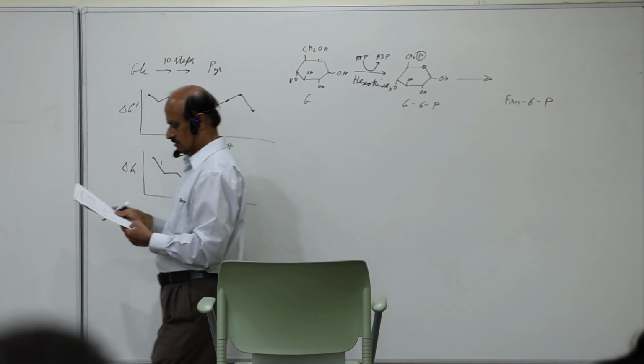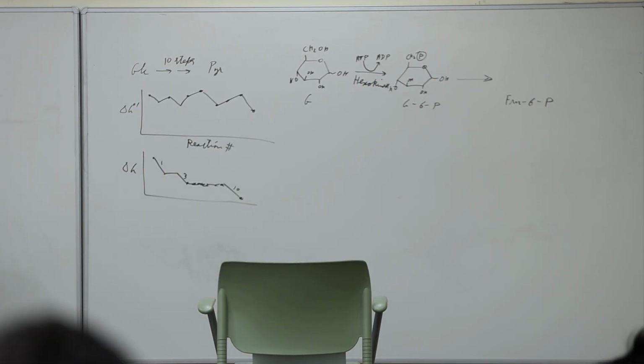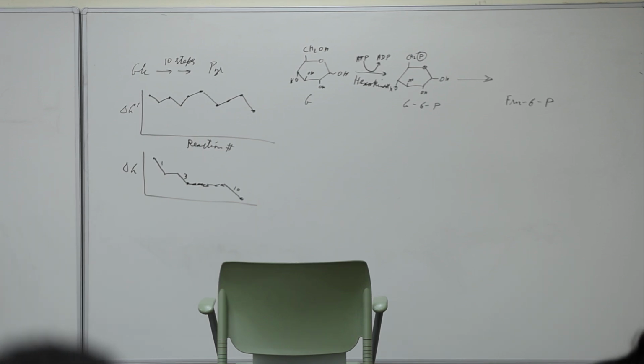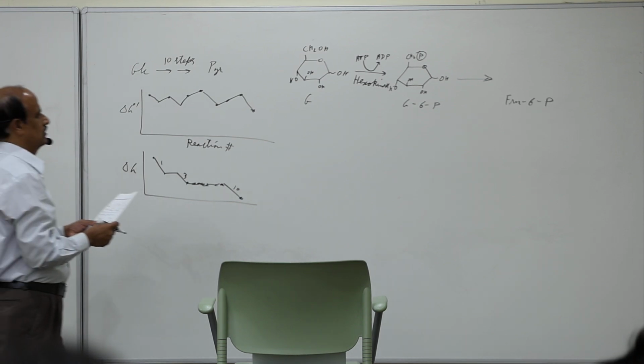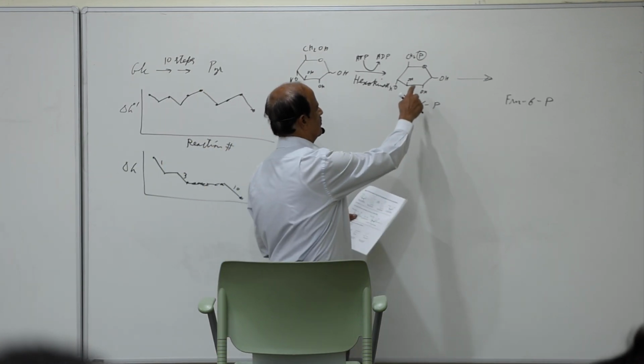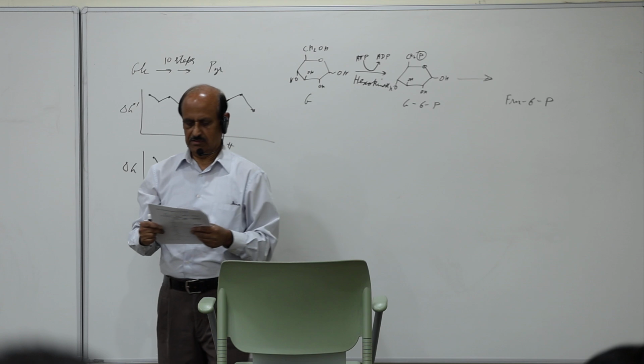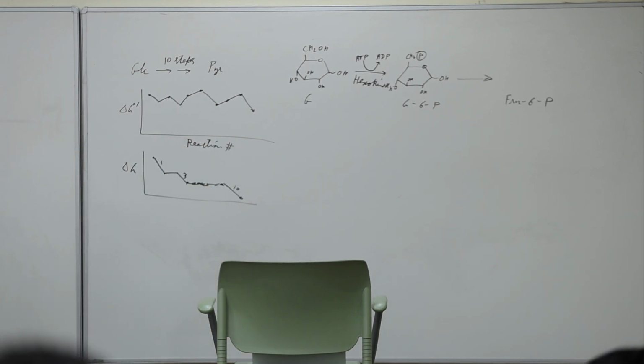So you are converting the glucose to a fructose. Whenever you are doing that, that will be an isomerase enzyme. That means you are changing the position of the OH group.